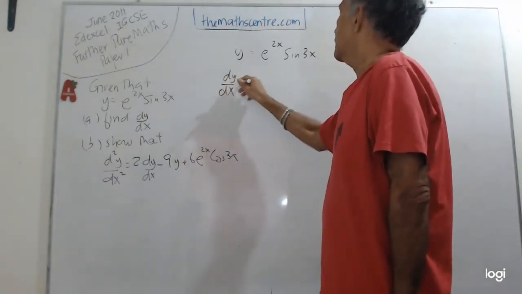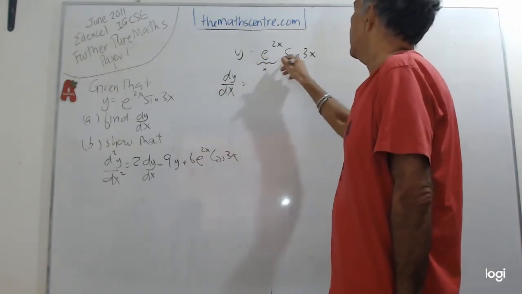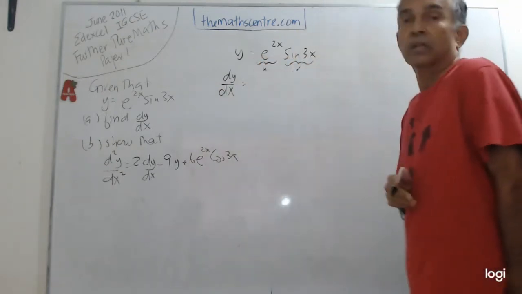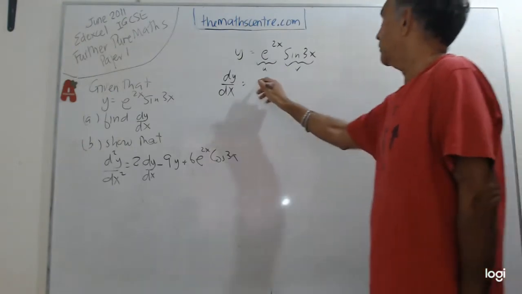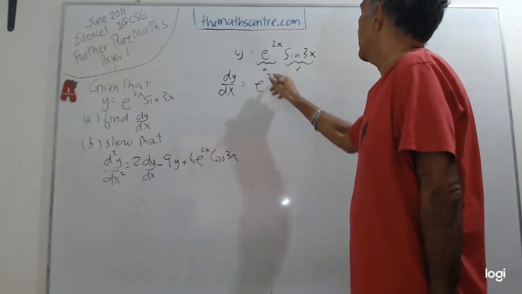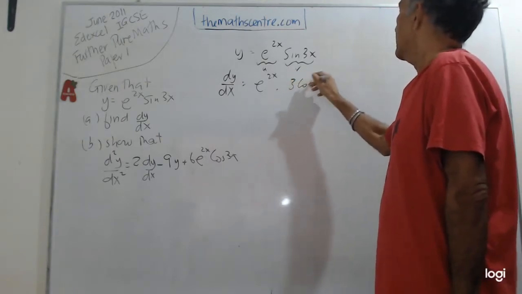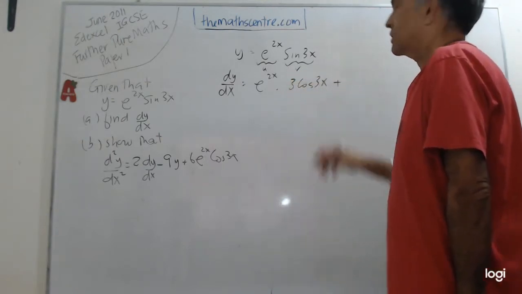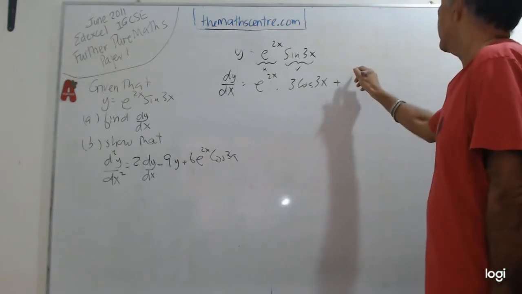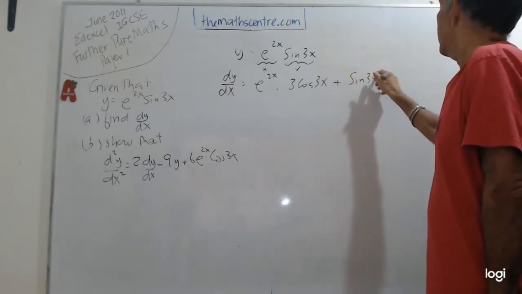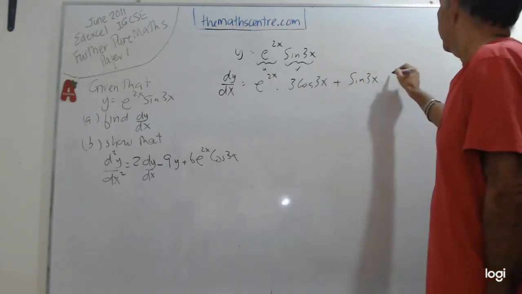I'm going to call this u and this v. I'll start by writing down the first term, then differentiate the second, plus write down the second term and differentiate the first.